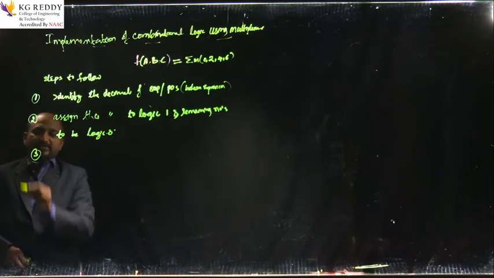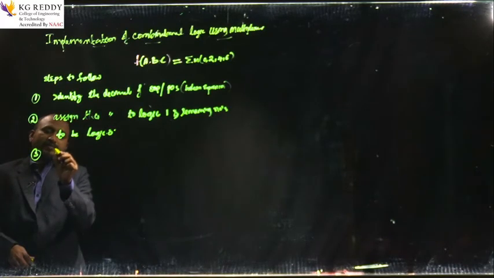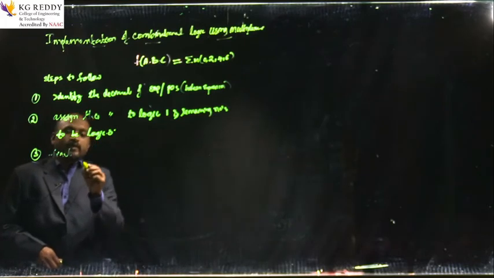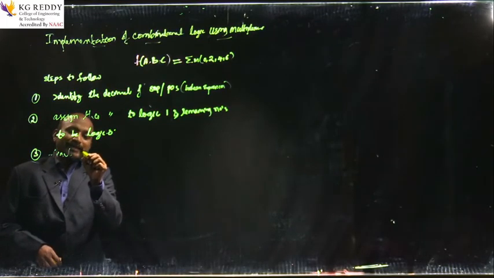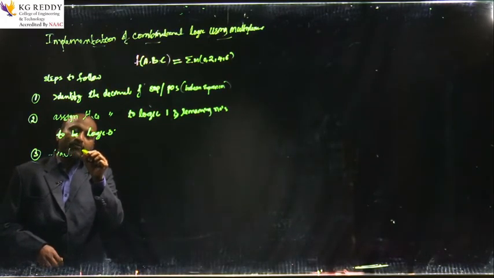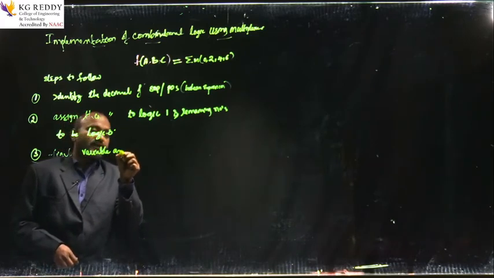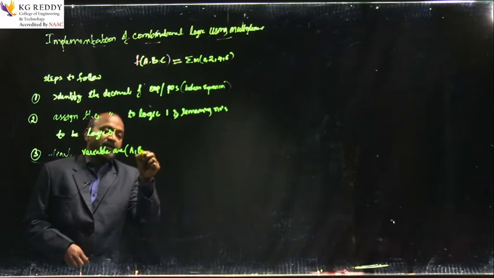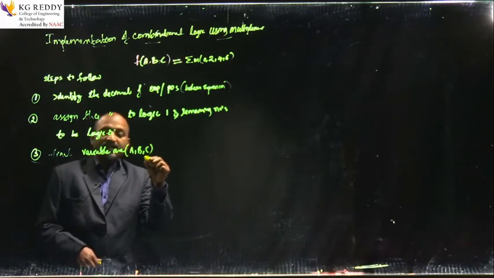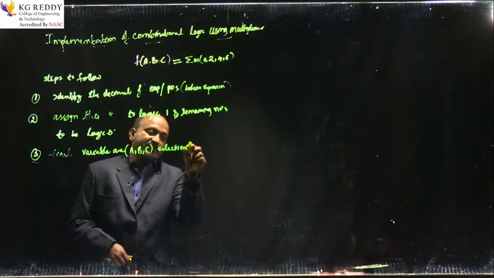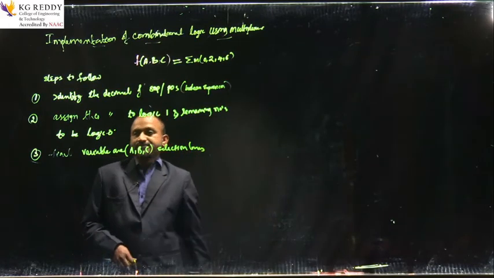Third and final point: the variables, like A, B, C, are the selection inputs, the selection lines.